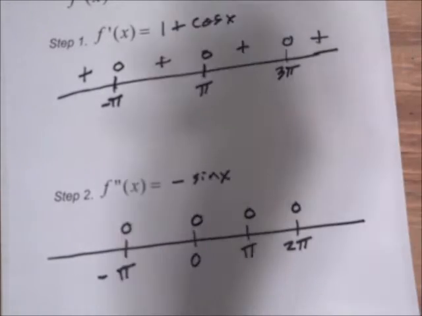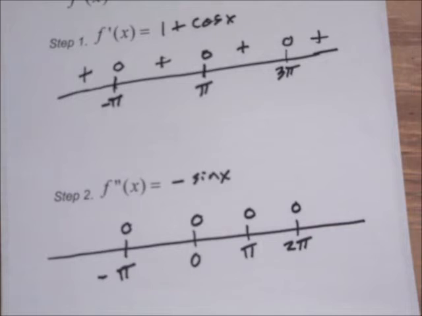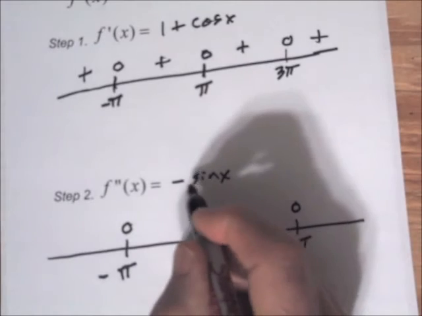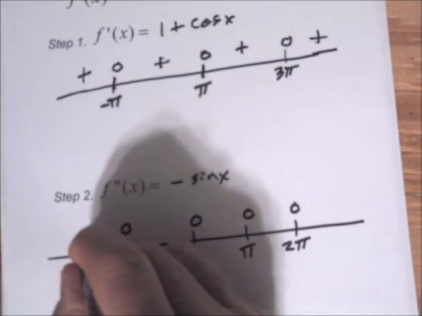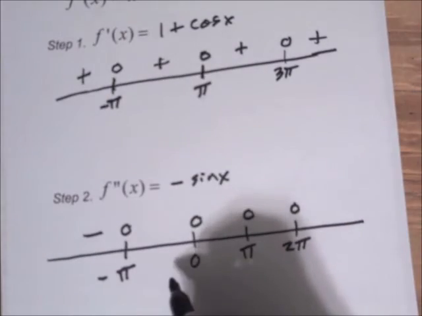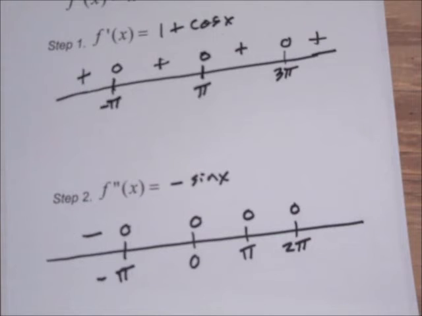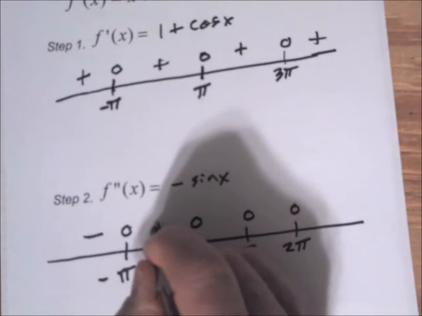And if we pick some points in between, let's say negative 3 pi over 2. Sine of negative 3 pi over 2 is going to be 1, but we want minus the sine, so that's going to be negative. Negative pi over 2, the sine of negative pi over 2 is negative 1, but we want the opposite sign, so that'll be positive.